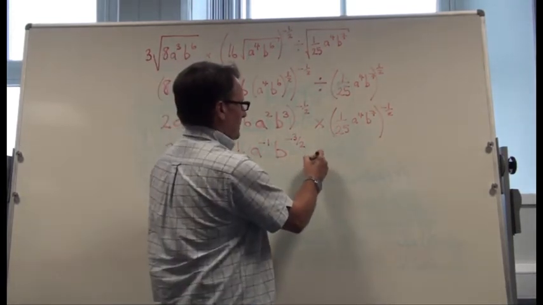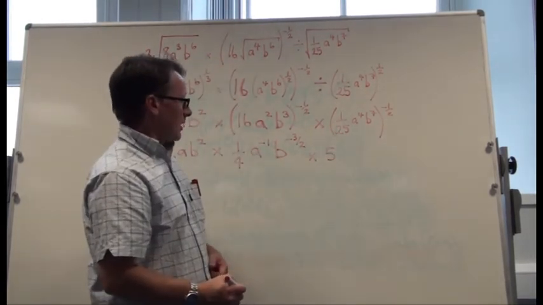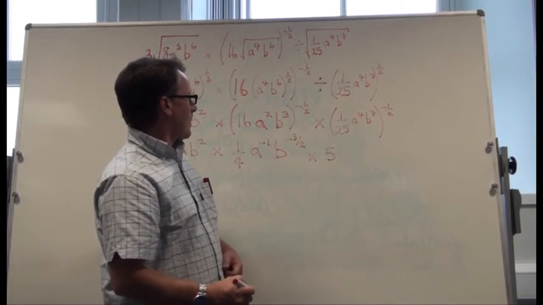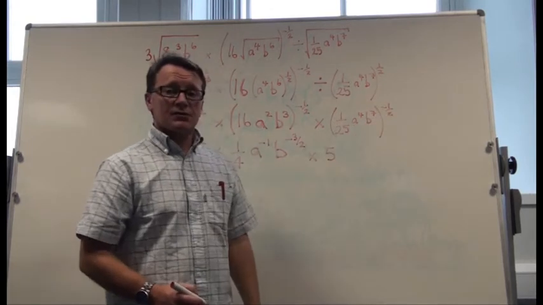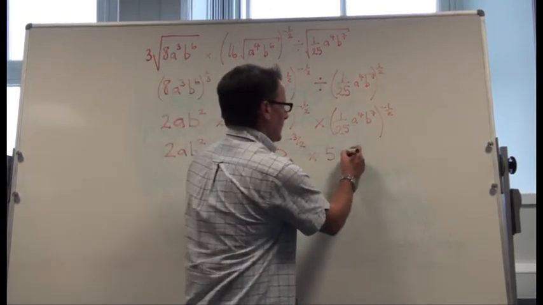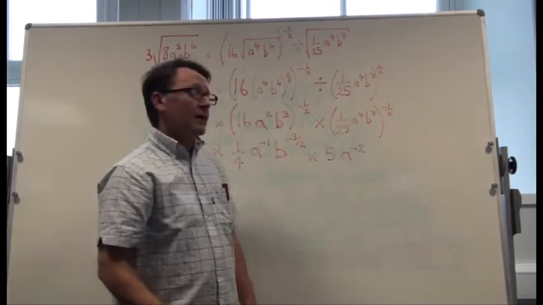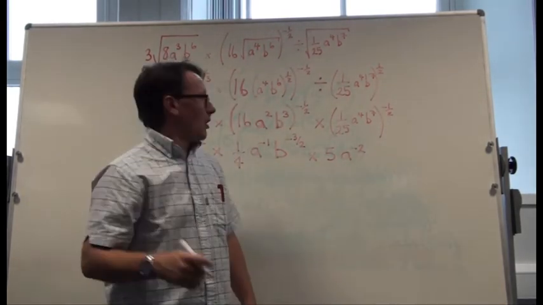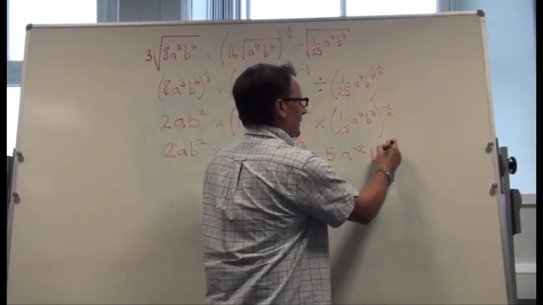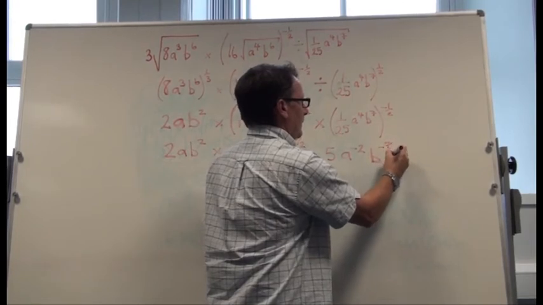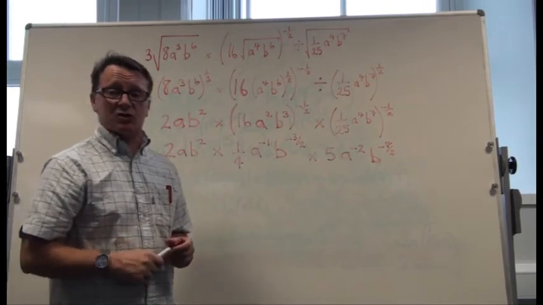So I get times 5, a to the 4 to the minus a half will be a to the minus 2. I just multiply the powers together. And b to the 7 to the minus a half will be, again, multiplying the powers together, b to the minus 7 over 2.